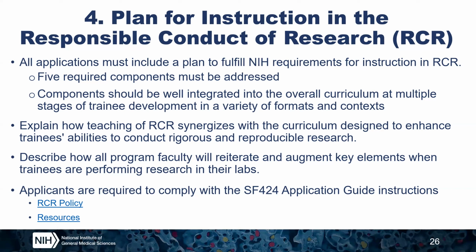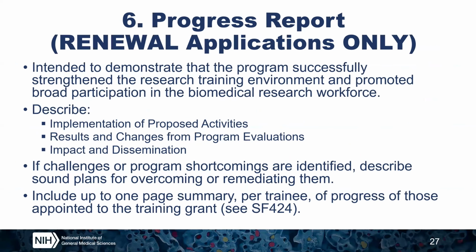Explain how teachings in the responsible conduct of research synergizes with the curriculum design to enhance trainees' ability to conduct rigorous and reproducible research. Describe how all program faculty will reiterate and augment key elements when trainees are performing research in their labs. Applicants are required to comply with the SF424 application guide instructions.